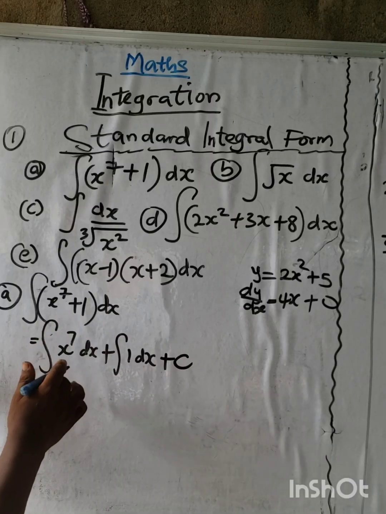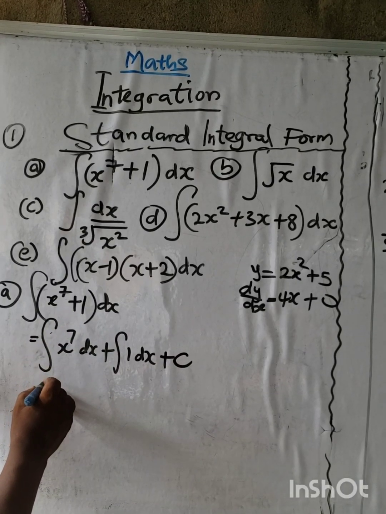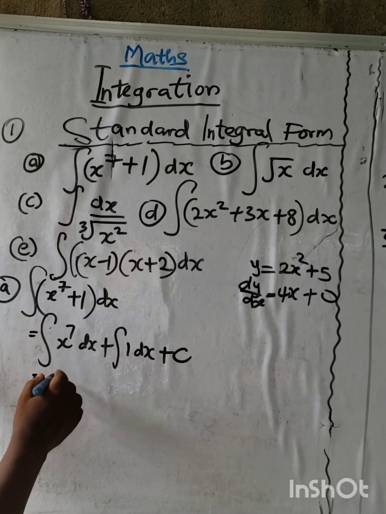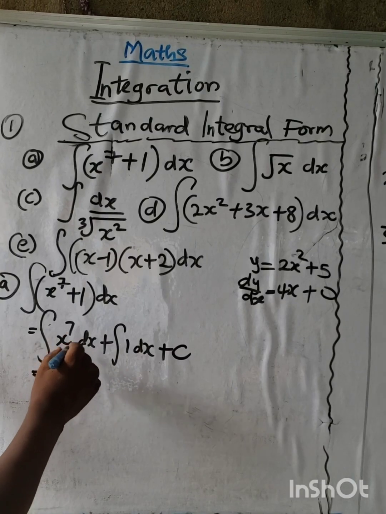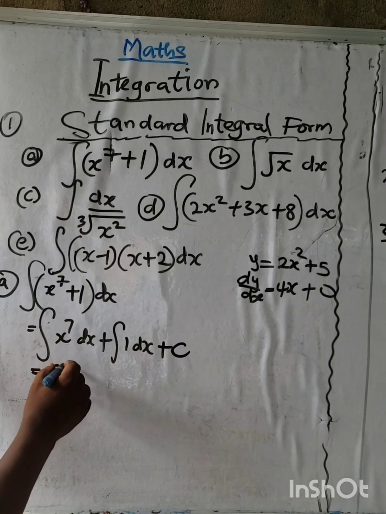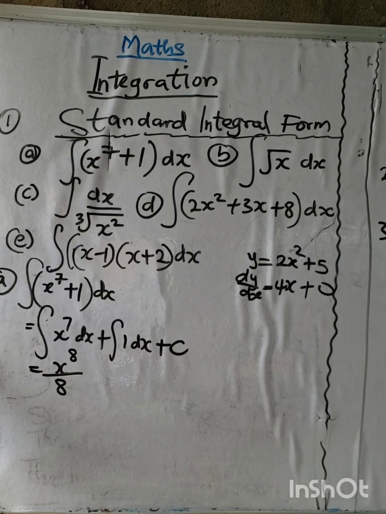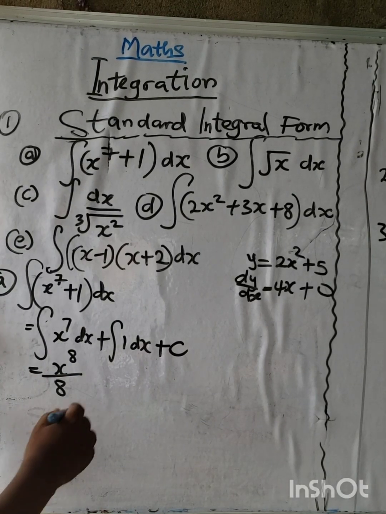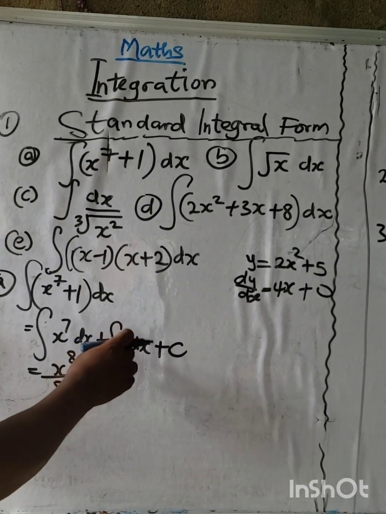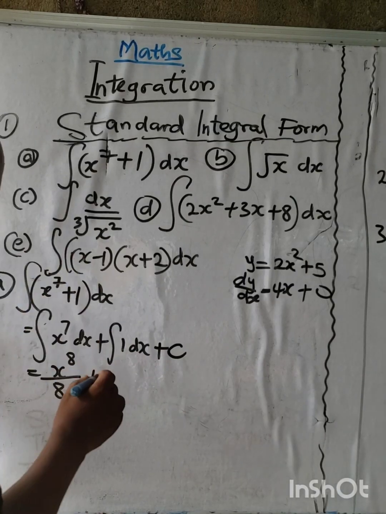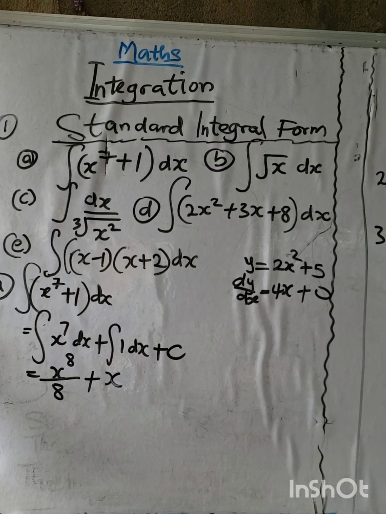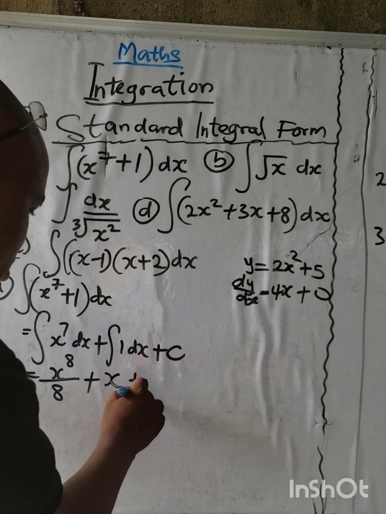The integral form of s raised to power 7 is s raised to power 7 plus 1, s raised to power 8 divided by 8, plus the integral form of this one constant will be what? s plus c.